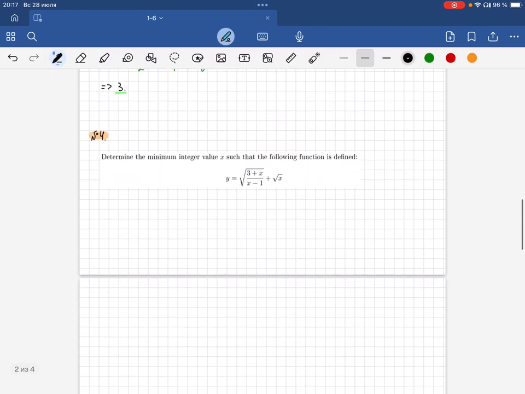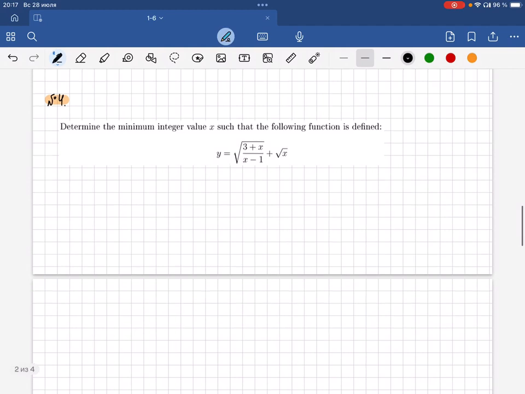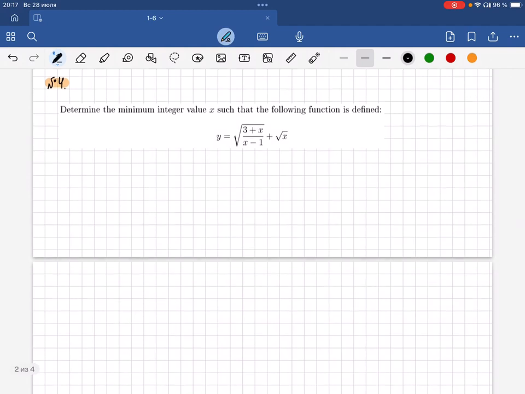Okay, let's move to the next problem. Here we have to determine the minimum integer value x such that the following function is defined. Okay, this task is pretty simple, since all we need to do is solve the system of inequalities. The first inequality is that the fraction under the first square root has to be non-negative.